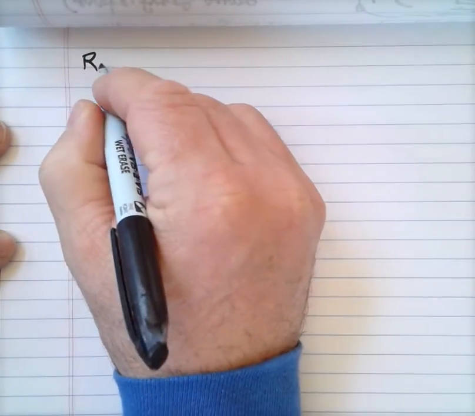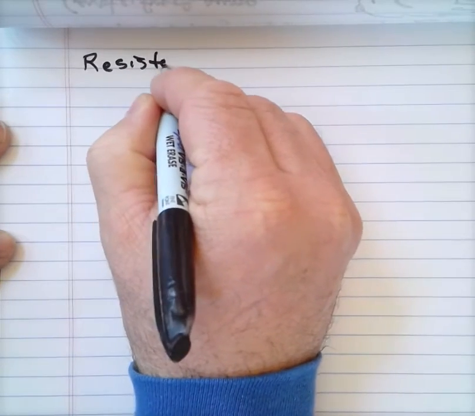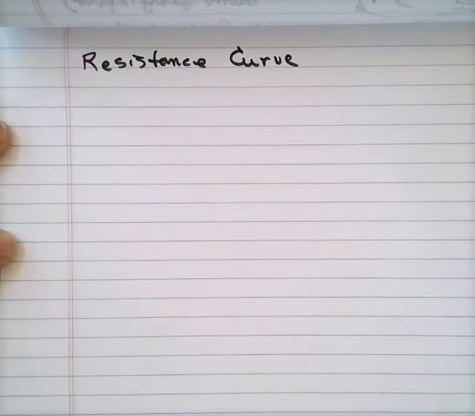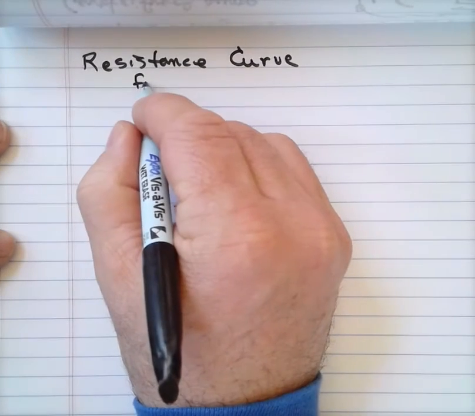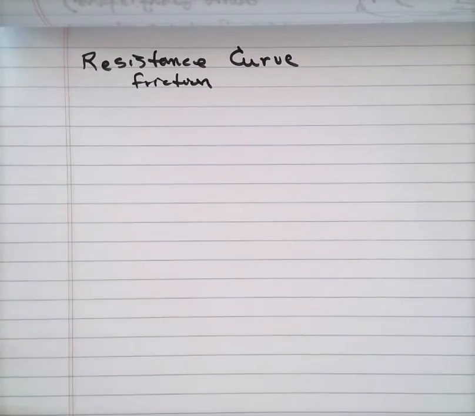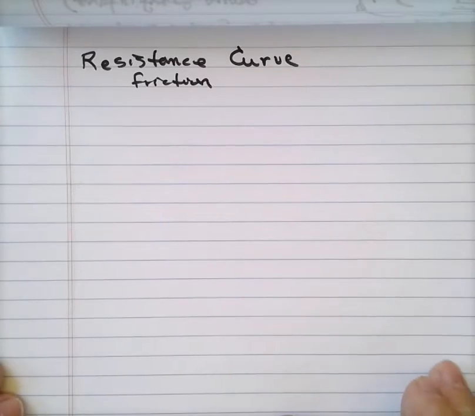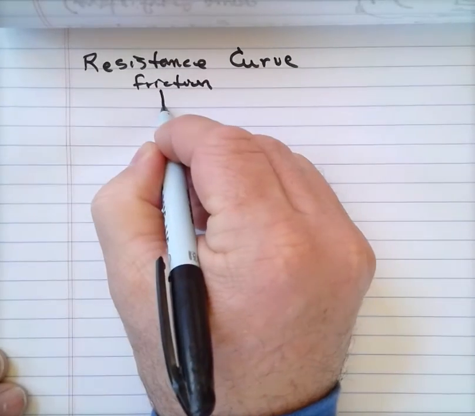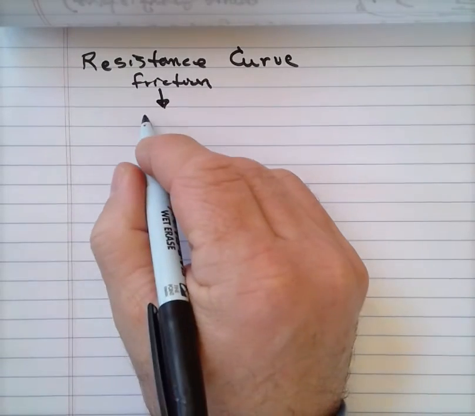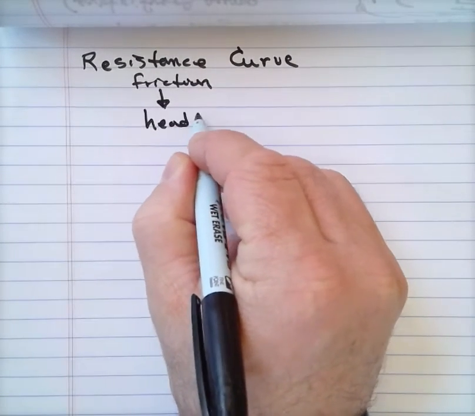Now let's talk about a resistance curve. When a fluid is flowing in a system, there's often friction. Friction causes resistance to flow, and as we learned in fluids, the way that we identify that is through something called head loss.